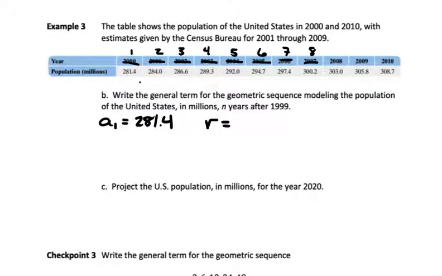So just like with the arithmetic sequence, I need to figure out what I'm adding each time to get the next term. In this case, I need to figure out what I'm multiplying by each time to get the next term. And I don't know off the top of my head, what do I multiply by 281.4 to get 284? So what I need to do in order to figure that out is divide those.